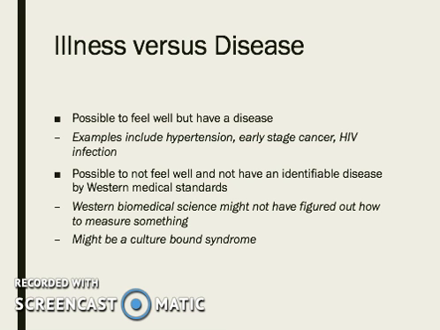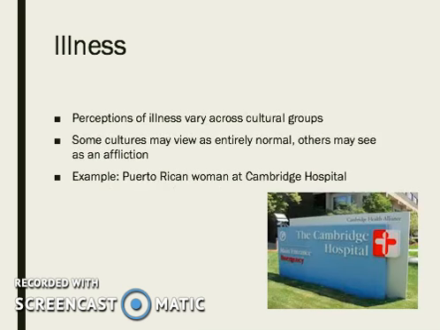Another possibility might be that the condition is something called a culture-bound syndrome, which we will discuss in a later slide. The important thing to remember is that illness perceptions vary across cultures. What some cultures view as normal may be seen as an affliction in another.